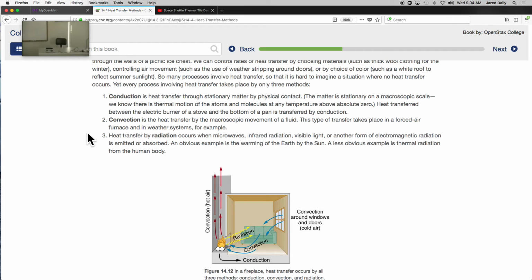Then there's convection, where heat is transferred through a material because of movement of the material itself. So, for example, we have this room here, this little couch room, whatever it is.